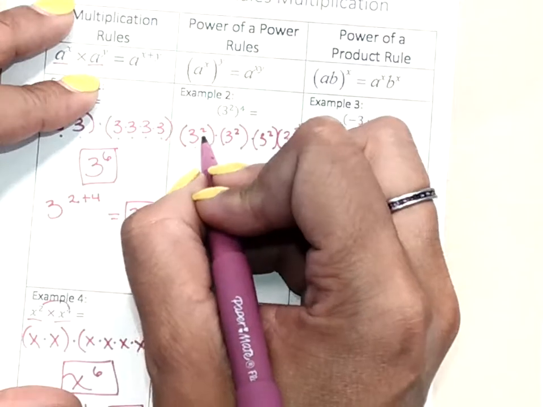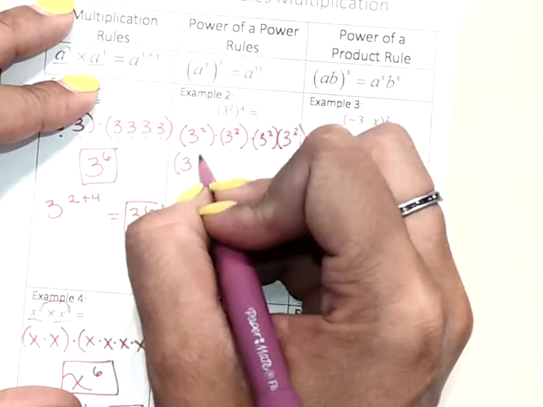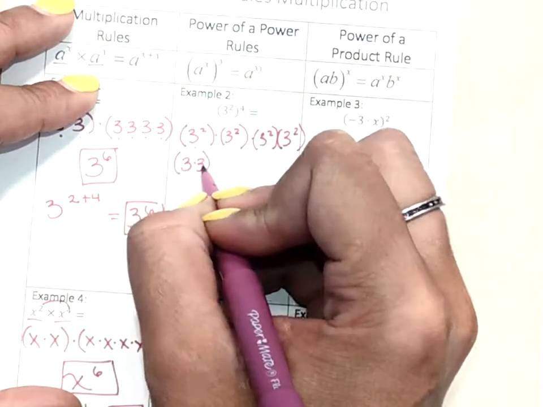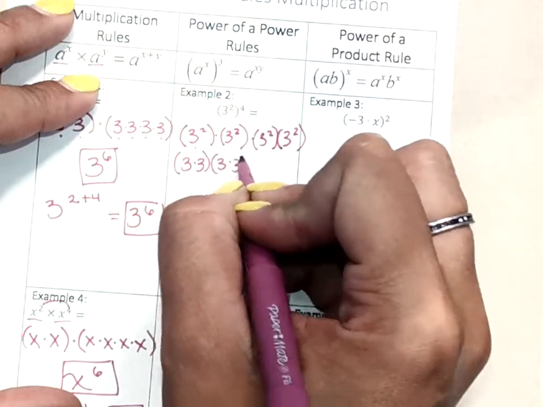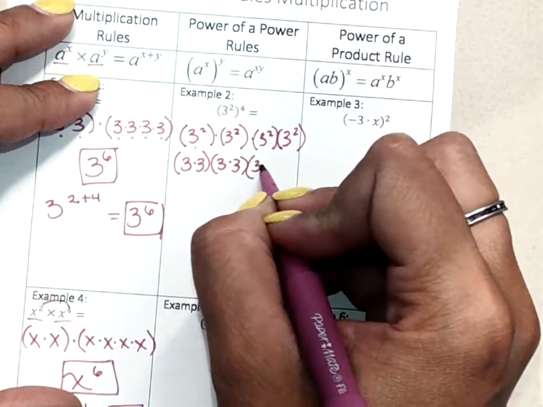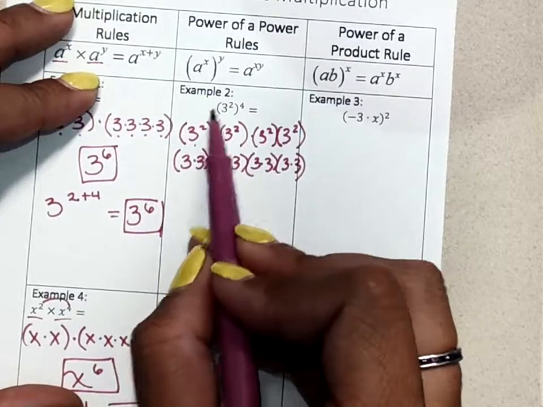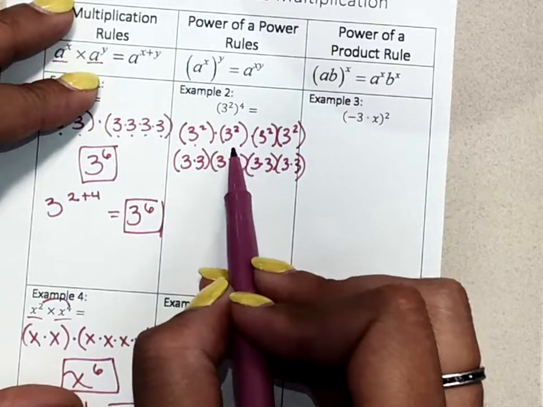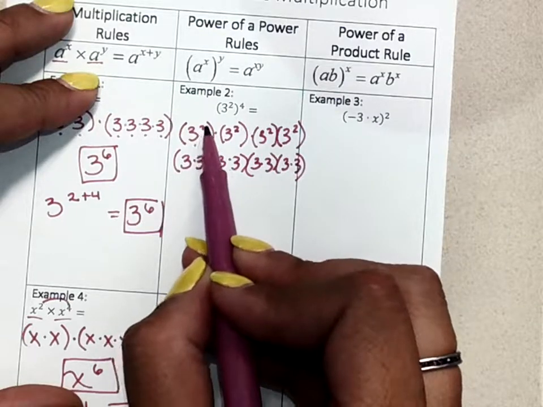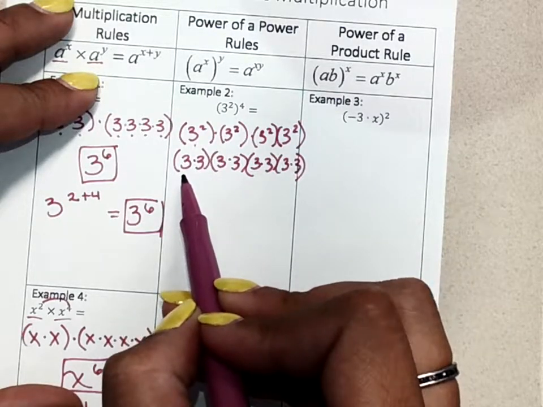Now I'm going to expand each one of these. 3 squared is 3 times 3. Again, 3 times 3. So now I've fully expanded it. First I expanded to the fourth power, and then I expanded the 3 to the second power 4 more times.